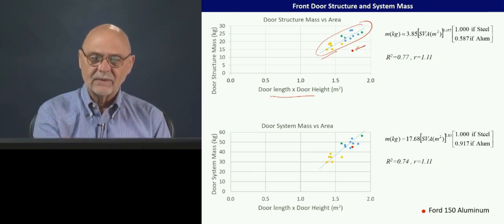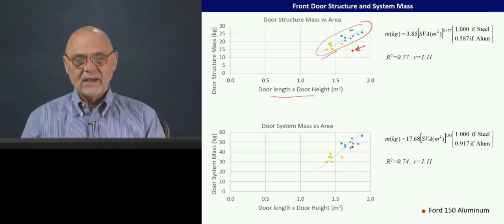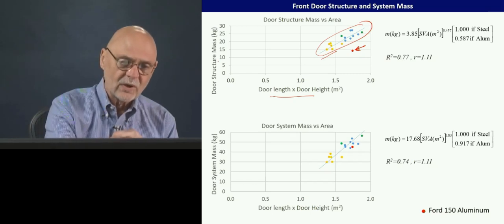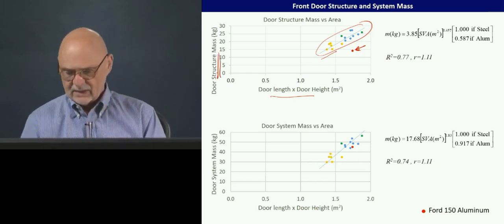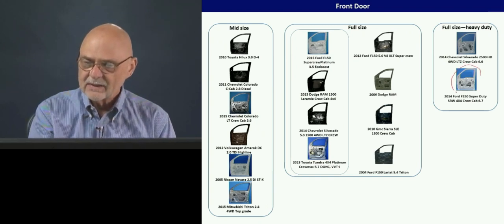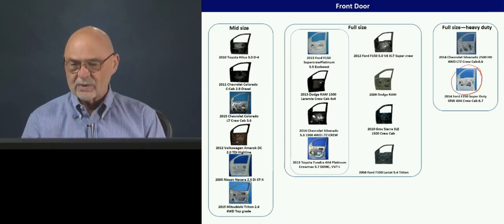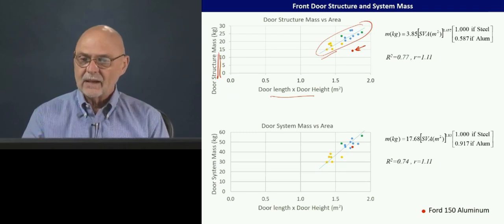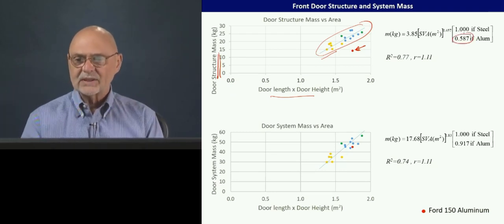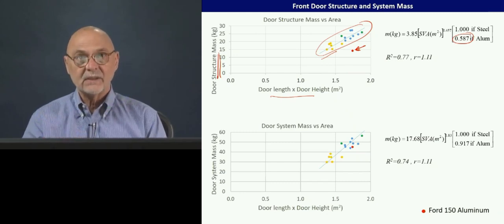The single example for trucks of an aluminum door. So this is the door structure mass. Okay. So it's just what we're looking at in these pictures. It's just kind of the metal part of the door without components in it. And we do see here this is now about 0.6 for aluminum as far as the mass reduction potential.